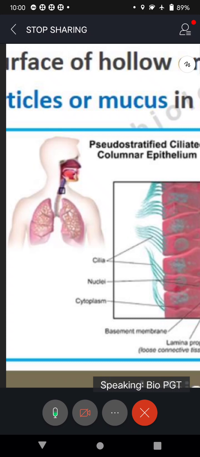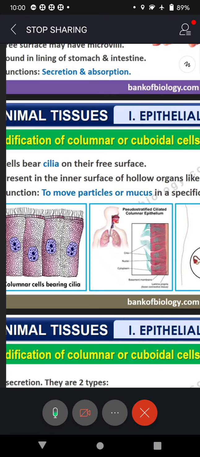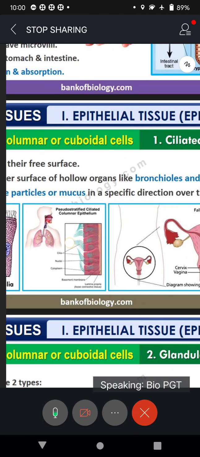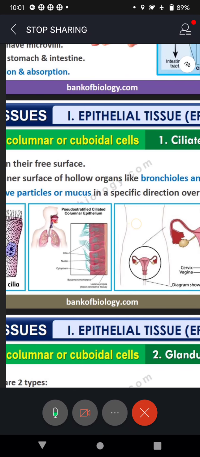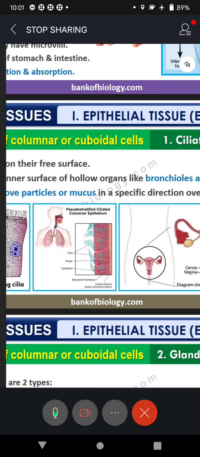Trachea is there. Below the trachea, the trachea is dividing into two parts, one going right, another going left, entering into the lungs. And the trachea is dividing into smaller tubules. Those are what we call bronchioles. Bronchus and further division, bronchioles. Their function is to move particles or mucus in a specific direction over the epithelium. So it is just like you are blowing them in a particular direction.